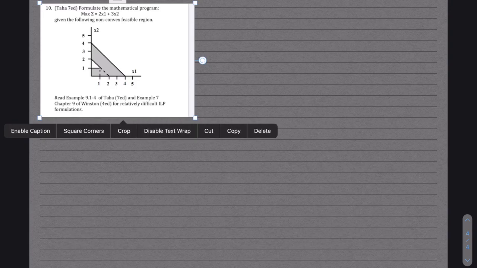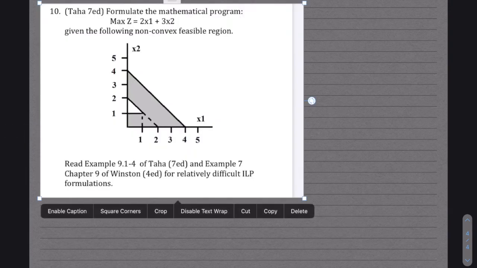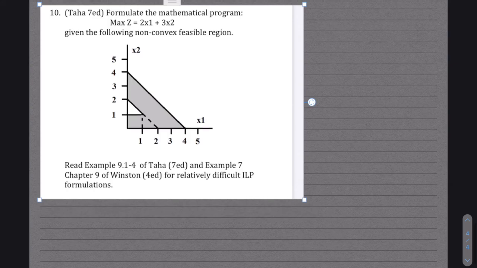So for our example here, let me make this a bit bigger so that it's clearer. We have a non-convex region. The first step in solving a problem like this is to divide the problem into convex regions, into two different convex regions. Apologies, not just two, it depends on how many convex regions are needed.